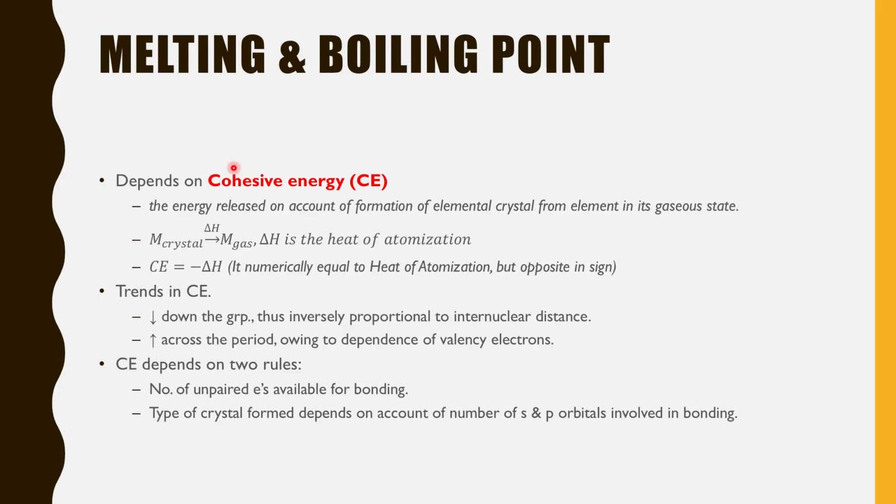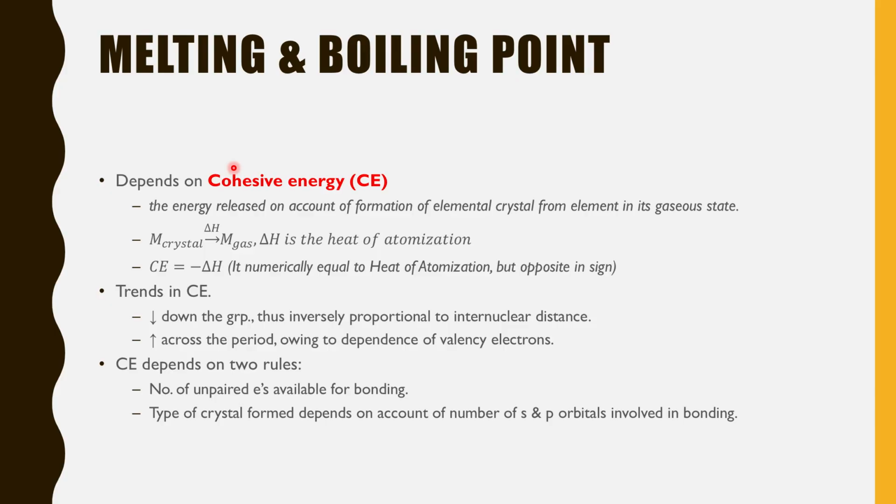And for metals, we cannot say that there is 100% metallic bonding only and no other type of bonding. There is a collective influence of all different types of bonding and other types of interaction that are all resulting in the formation of a particular crystal structure.